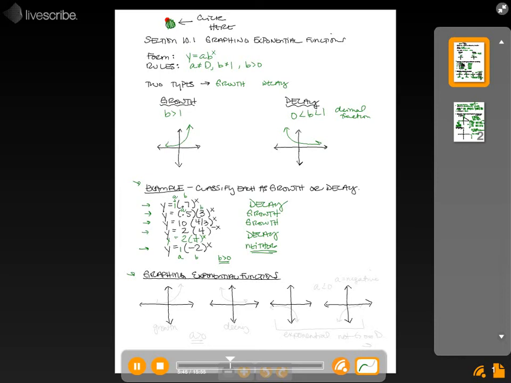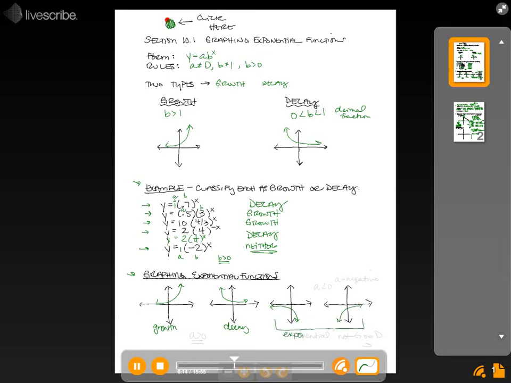Now, the next part here, we're actually going to graph an exponential function, and there are 4 different types of graphs you can have. We can have the growth graph, like I showed you, and we can have the decay graph. Okay, so this is growth. This is decay. Now, these are exponential functions, but they're not growth or decay.